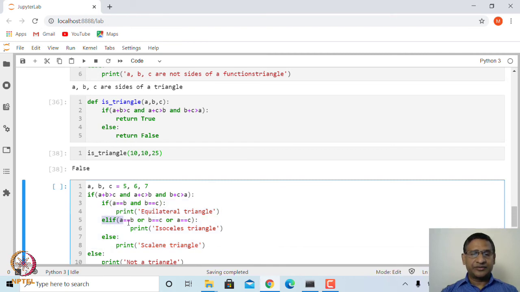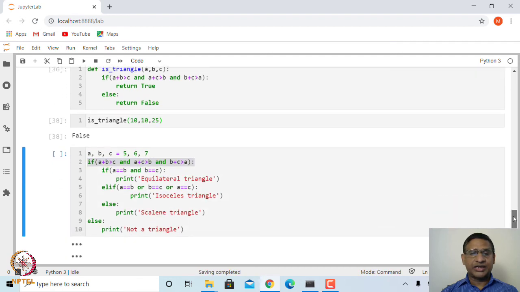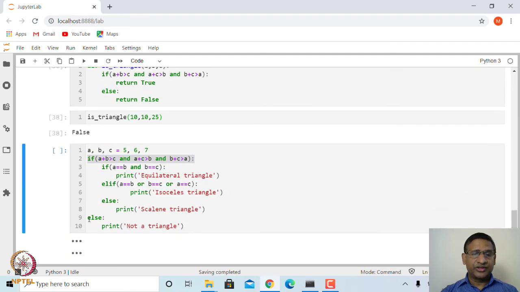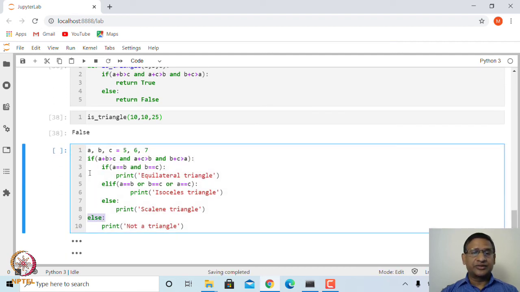Else if a is equal to b or b is equal to c or a is equal to c, then it will be an isosceles triangle, and otherwise it will be a scalene triangle, right. And if the first condition is not satisfied, then it will not be a triangle. That is why this else is aligned with the first if, and these if else are inside the first if block. Okay.